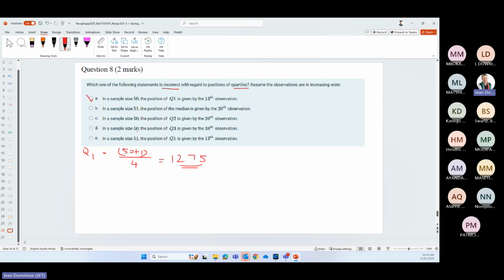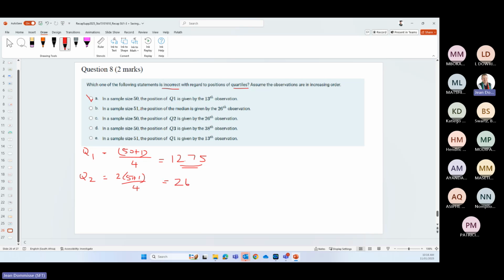So that is correct. Now in a sample of 51, the position of the median: 51 plus 1 is 52, 52 times 2 is 104, divided by 4 is 26.